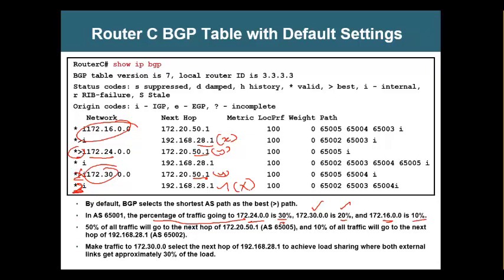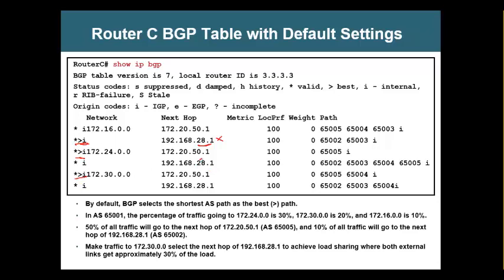The path with the greater than symbol is the elected path. You see, greater than symbol, elected path X.